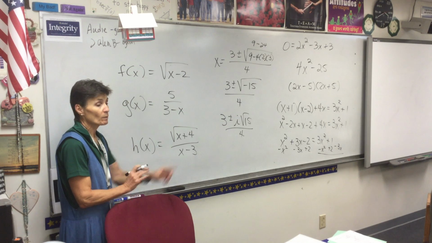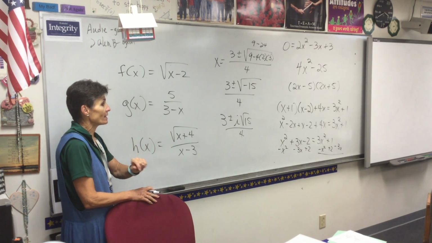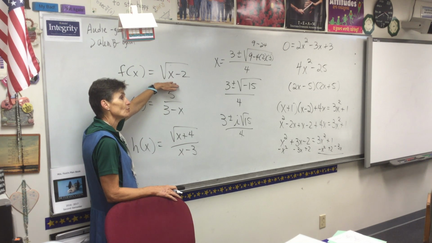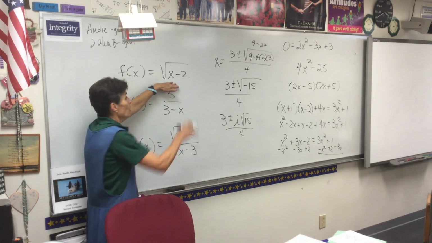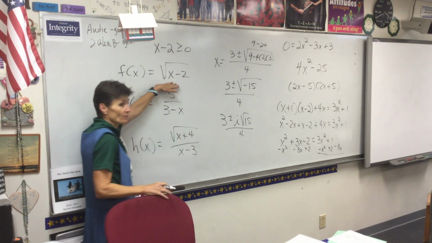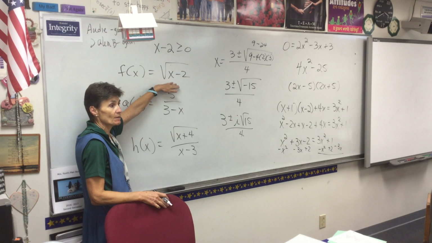It's going to be one of them. So say find the domain. When you look at this one, what do you have to remember? Whatever is under the radical must be bigger than or equal to 0.